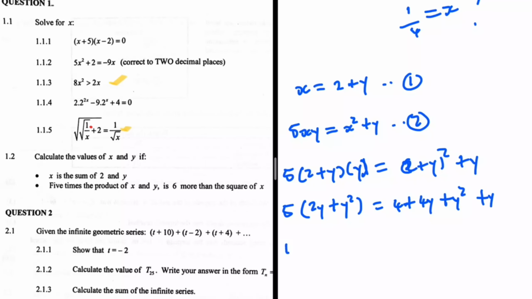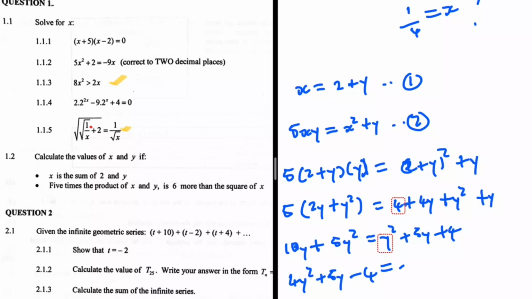So we get 10y plus 5y squared being equal to 4 plus, that is just 4 because we don't have any like term, y squared plus 5y plus 4. Right. So 5y squared minus y squared, that is 4y squared. And then 10y minus 5y, that is plus 5y. And then minus 4 is equal to 0.